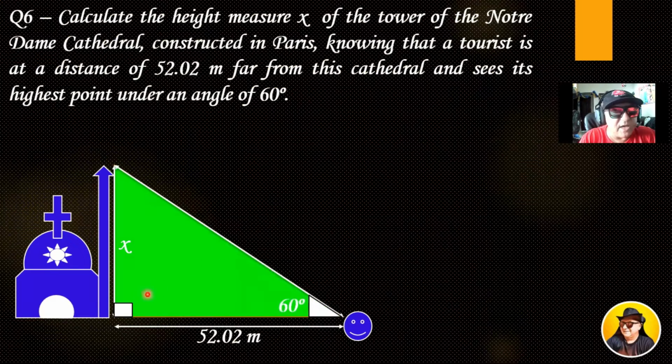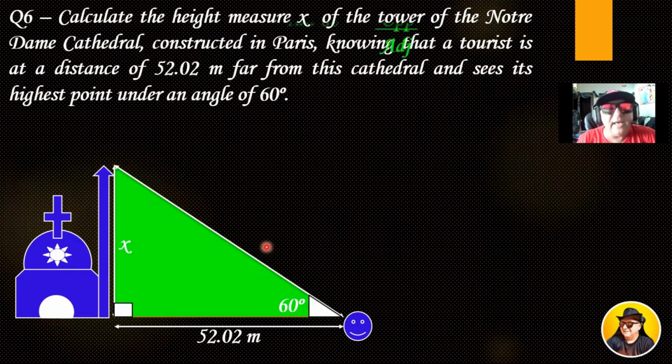60 degrees. This is the right angle, remember? So if this is the right angle, this is the hypotenuse. And this problem does not involve hypotenuse, only opposite side and adjacent side. So it is a tangent. Very good, because tangent is the only one that does not involve hypotenuse.